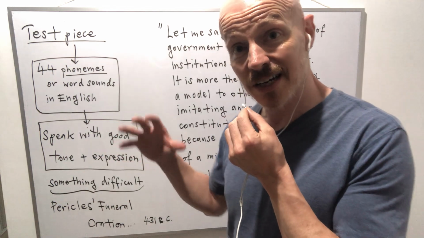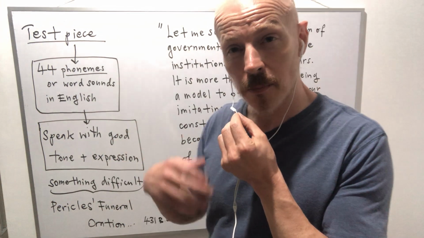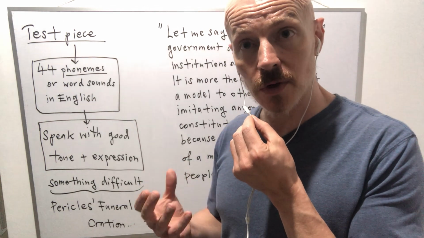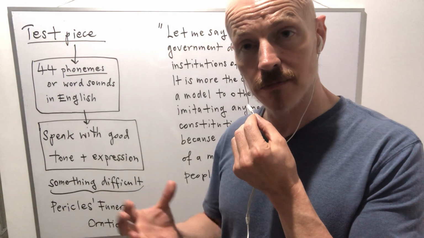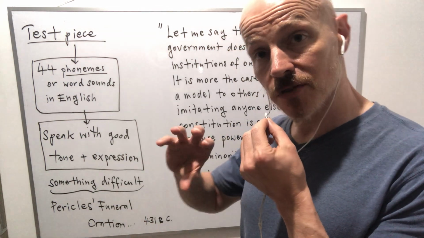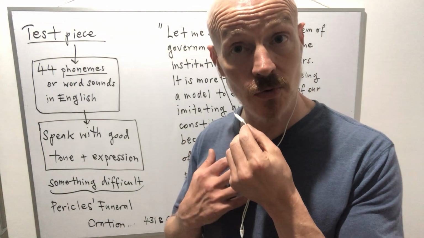And I say you don't necessarily need to do the whole thing, you could just pick a chunk of the speech, but practice it so you can do it with flair, with expression, with emotion, and then you can use this to tune your voice, get a good sense of how you sound.